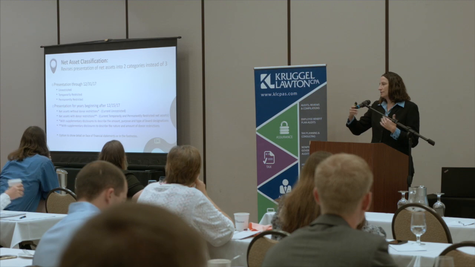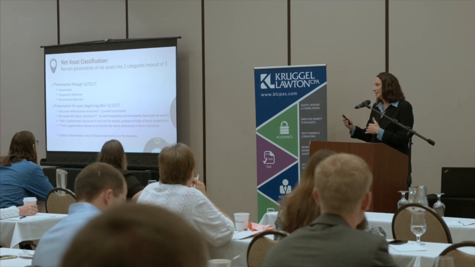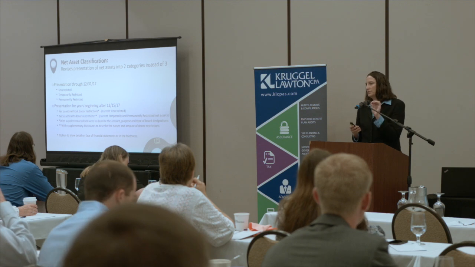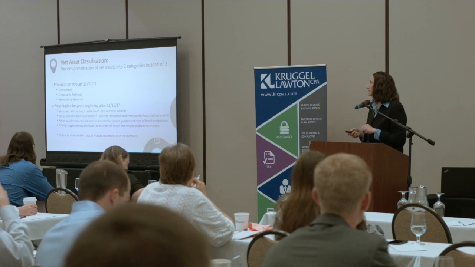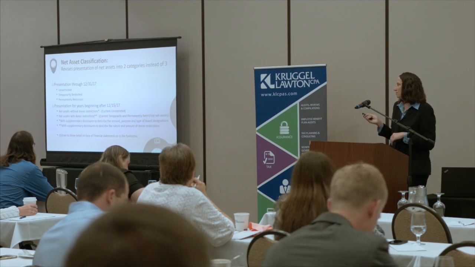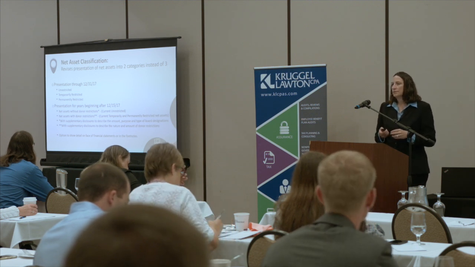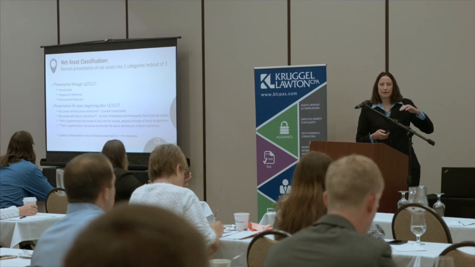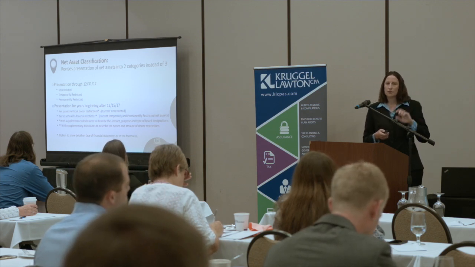Some of you may choose to have this title on your statement of financial position that shows without donor restrictions, and then you'll break down unrestricted, operating, board designated, whatever falls under that. Or some of you may just choose to present just the one line. And same for the with donor restrictions, you may choose to present the different categories of all of the restrictions that you have, as long as you have that one master category.